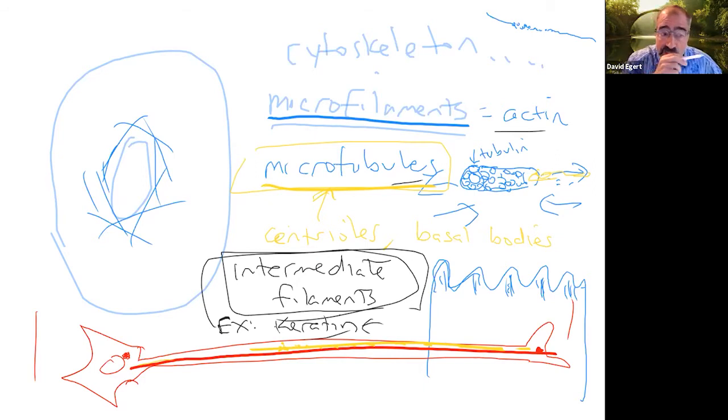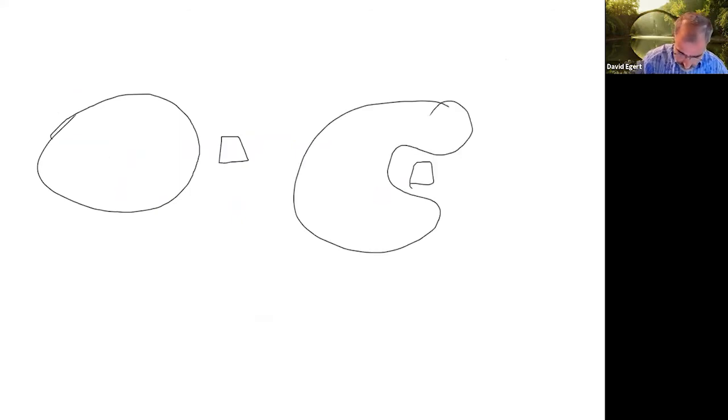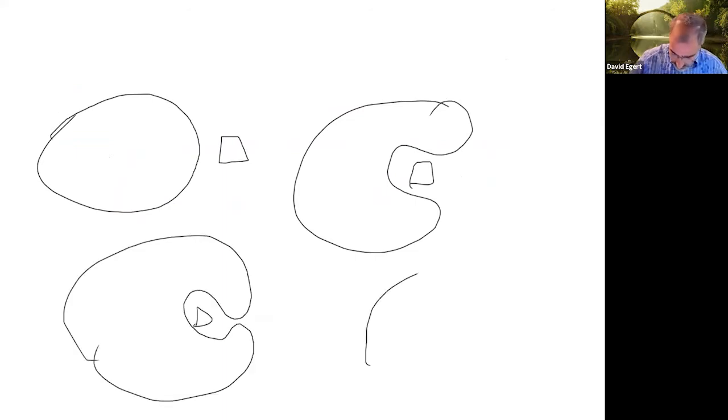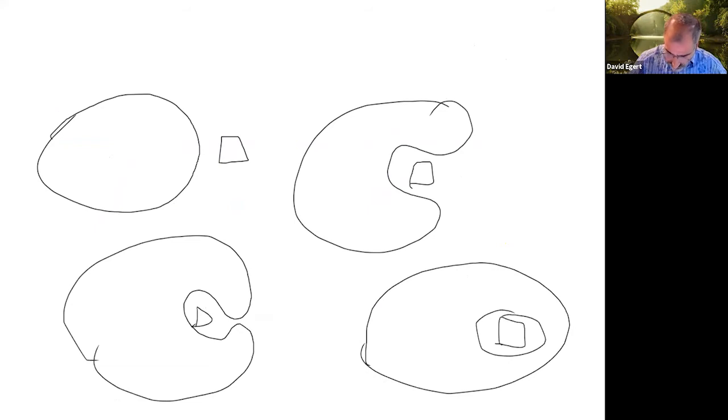So we'll be spending time looking at the cytoskeleton. The cytoskeleton is going to be important for motility. In fact, we'll talk a little about endocytosis and exocytosis. The classic thing: here's a cell and here's something outside the cell. And then the cell reaches around and pinches it off, and now this thing is inside the cell.